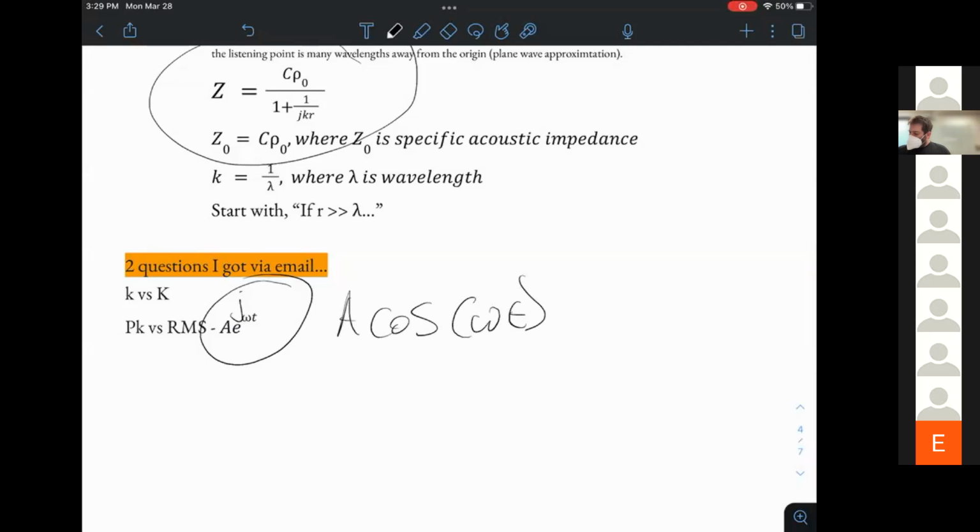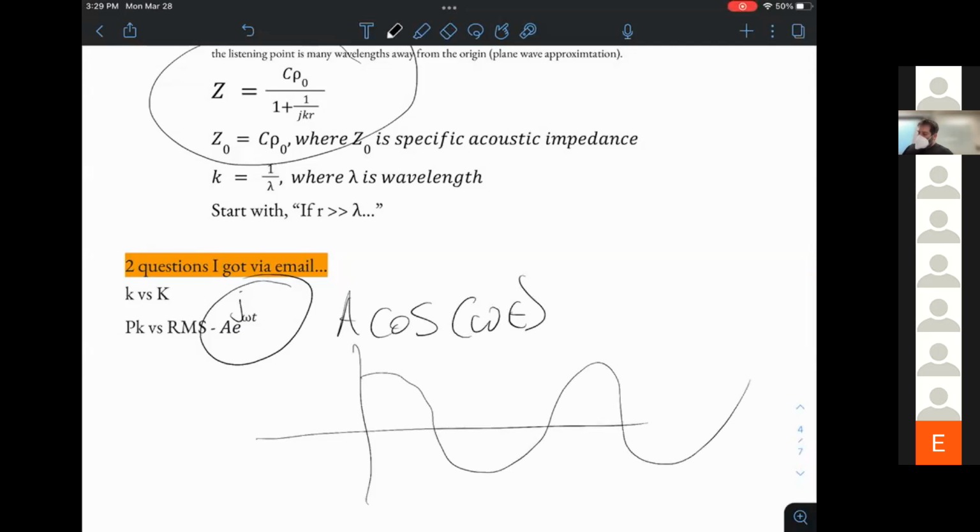So that's going to look something like that. Pretty bad drawing, but that's okay.